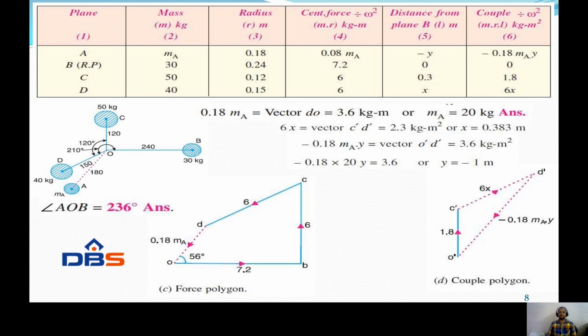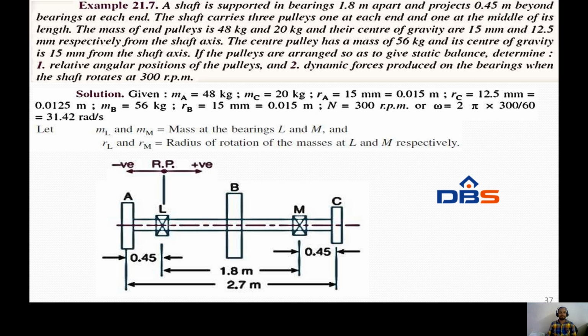That is the point where these two lines cut. So we draw this, and finally we get the C dash D dash length as 6x and the O dash D dash length as minus 0.18 MAY. Already MA we know, Y we need to find. So finally we get Y equal to minus 1 meter and X equal to 0.383 meters. That is the final answer.